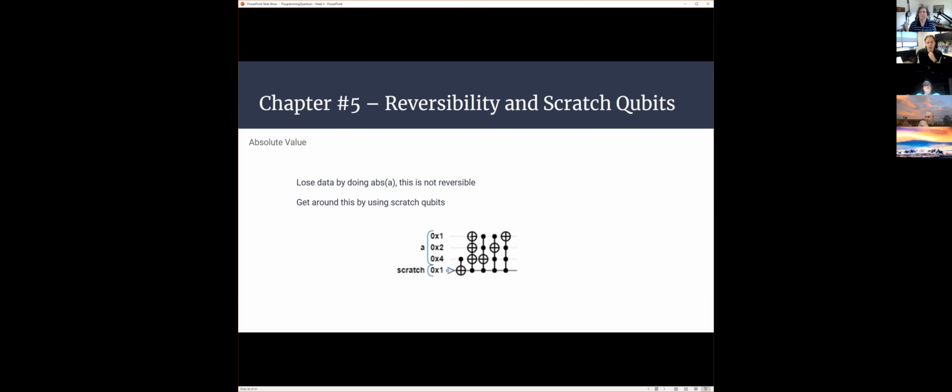And if it's a 1, we're going to knot everything and then add 1. Remember, this little increasing set of knots is our standard add 1, or increment by 1. So this does give you the absolute value. And the fact that we're saving whether it was negative or not in that scratch qubit means that we can just reverse the entire procedure. We don't actually lose anything.